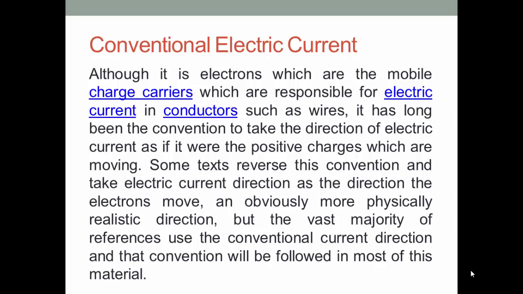Some texts reverse the convention and take electric current direction as the direction of electron movement, an obviously more physically realistic direction, but the vast majority of references use the conventional current direction, and the convention will be followed in most of this material.